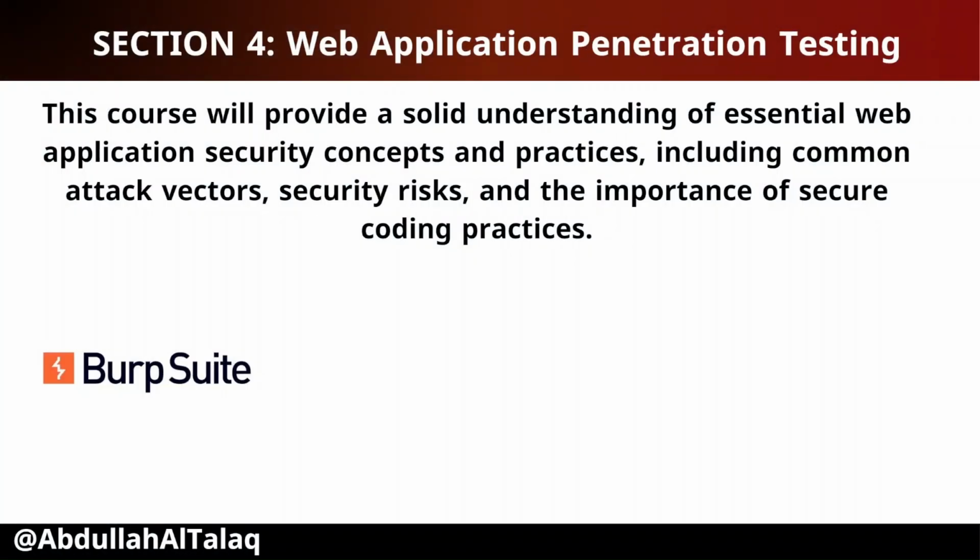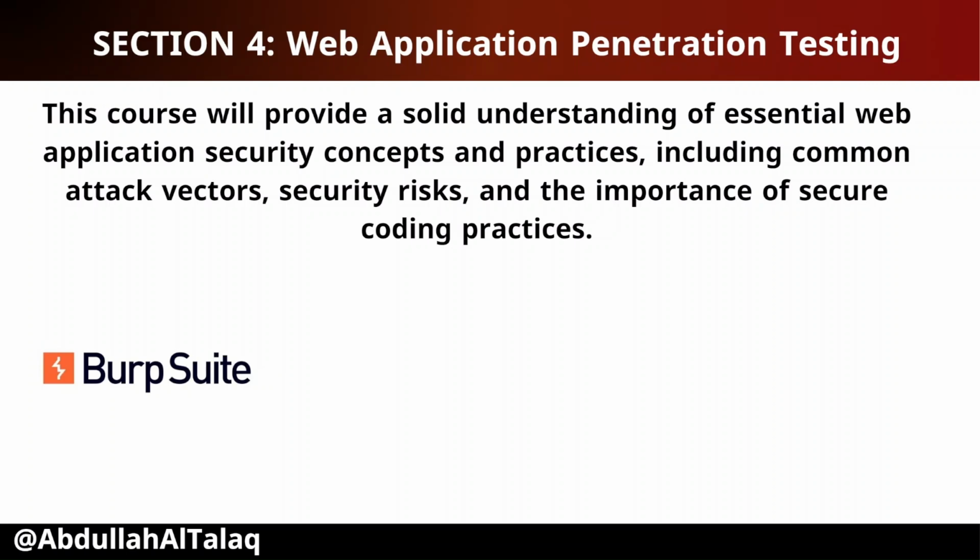For the last section, which is web application penetration testing, we will provide you a solid understanding of essential web application security concepts and practices, including common attacks like cross-site scripting, SQL injection, cross-site request forgery, and directory traversal.